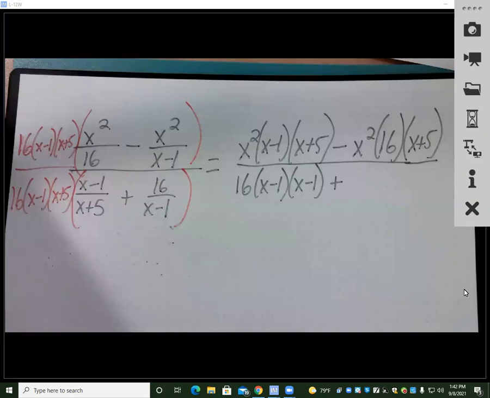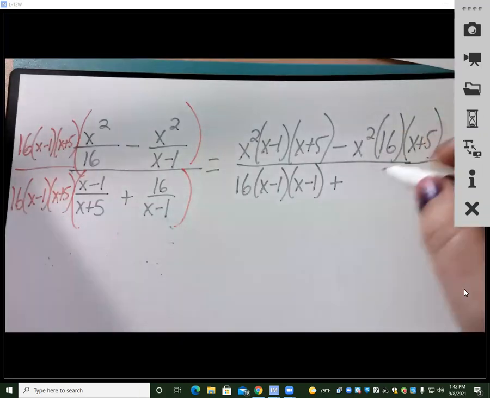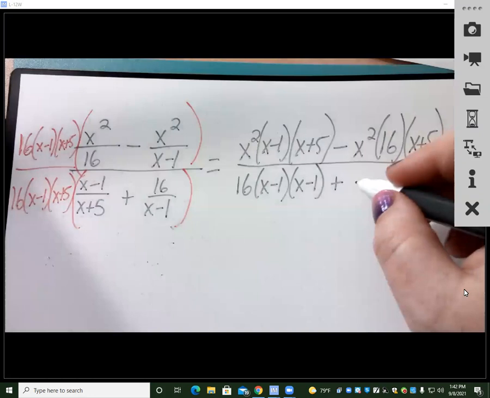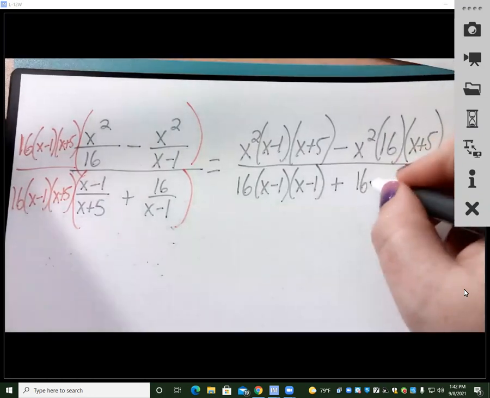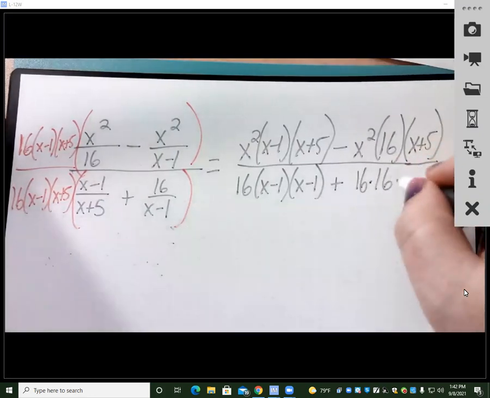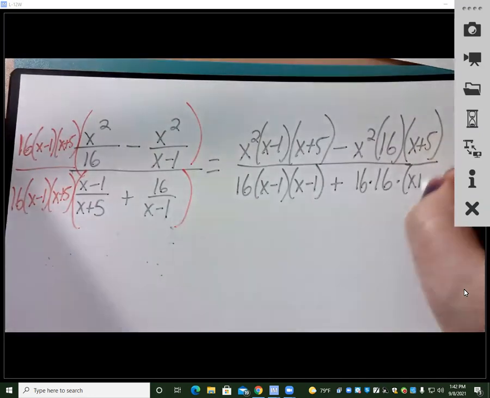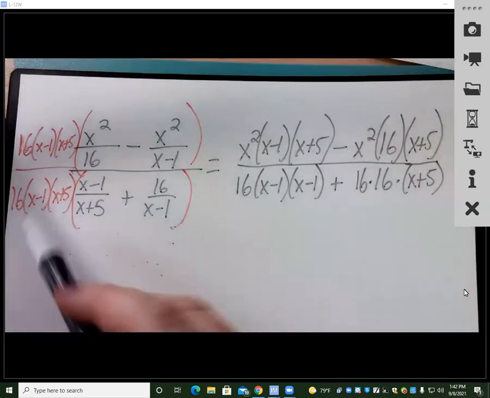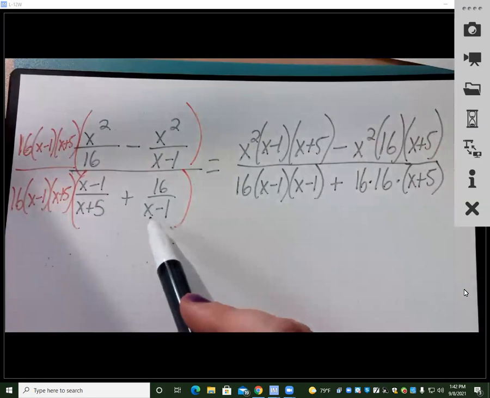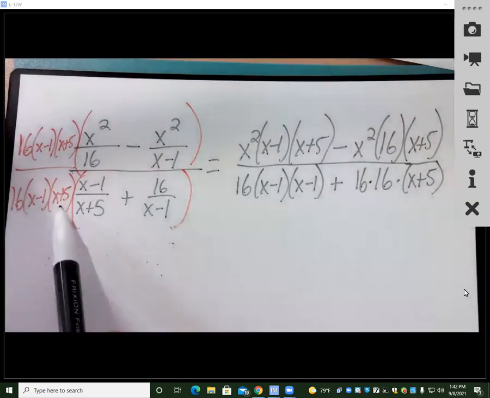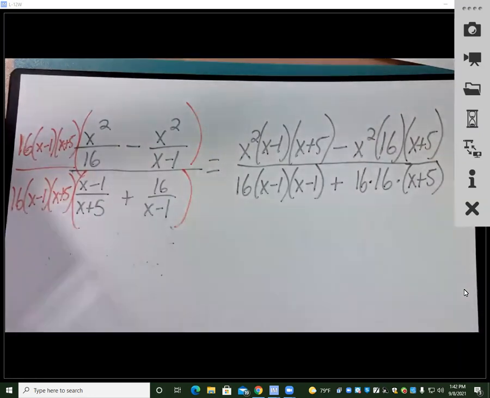Cedric, what do you put here? 16 times 16 times x plus 5. I agree. The x minus 1s are going to cancel. So you'll have 16 times x plus 5 times another 16 that's already in the numerator. Perfect. All right, so now the fraction is cleared.